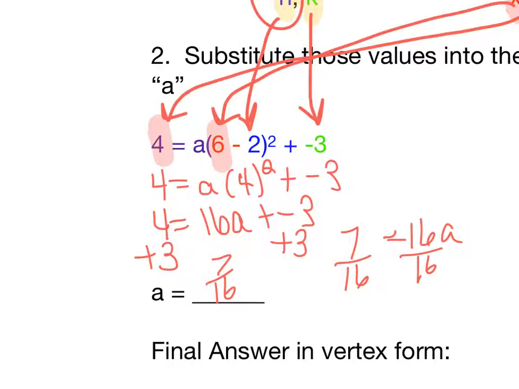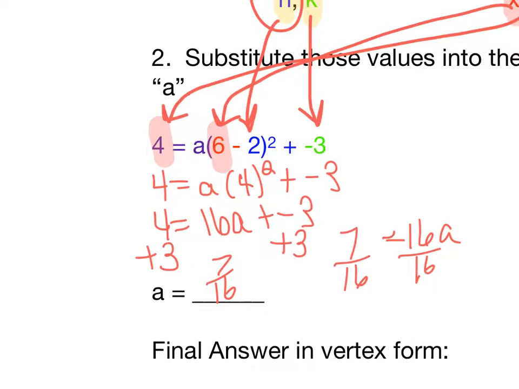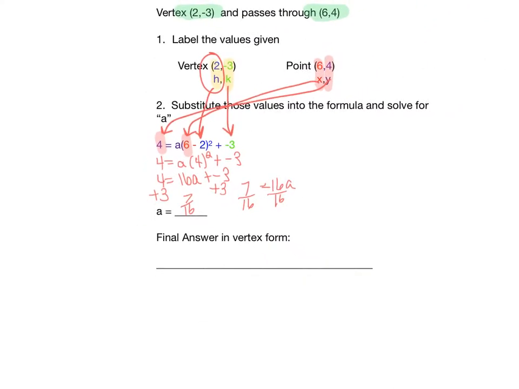So that's part of it. That's really the only piece of the information that we didn't know. And then the only other thing we need to do is take that vertex form and plug our numbers in where they're supposed to go. So when I'm writing vertex form, it's always y equals a, and I just said that a is 7/16.